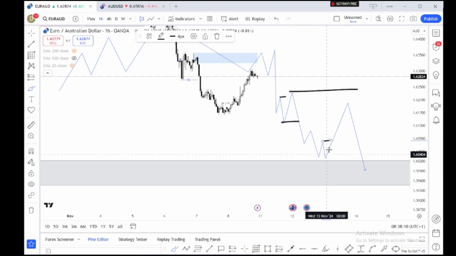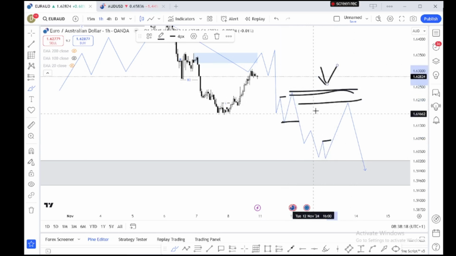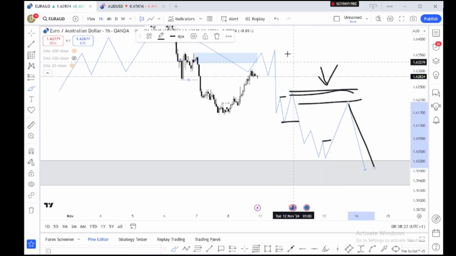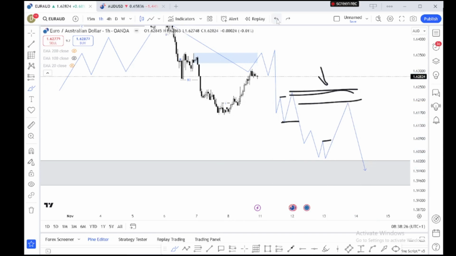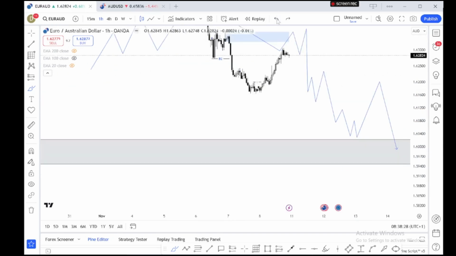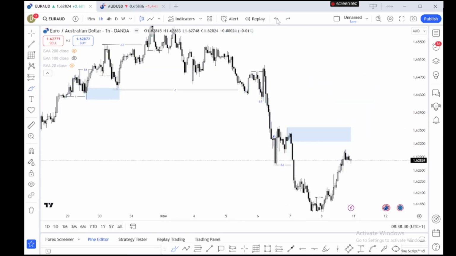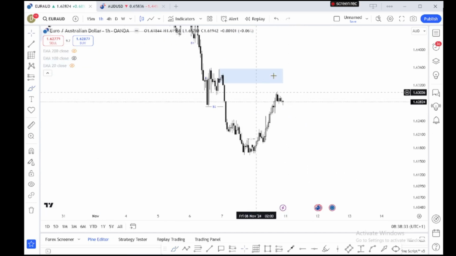So immediately market takes out this level, we are positioning for this because we know that this high must be protected. So if market gets here, we are selling. That's exactly what happens here. What I'm expecting on this Euro AUD. So that's why I position here.